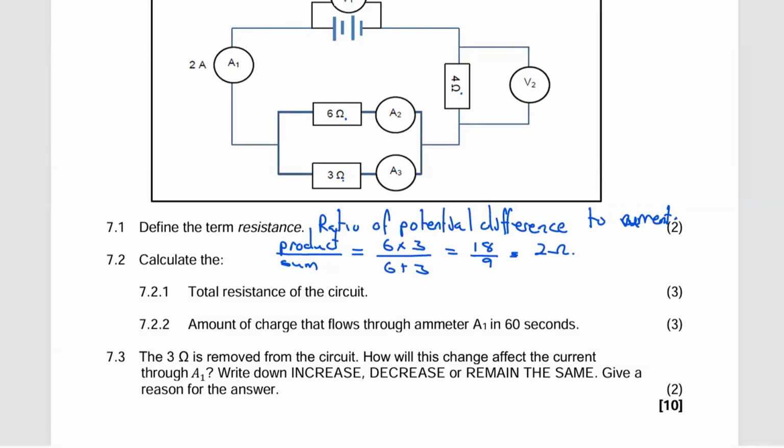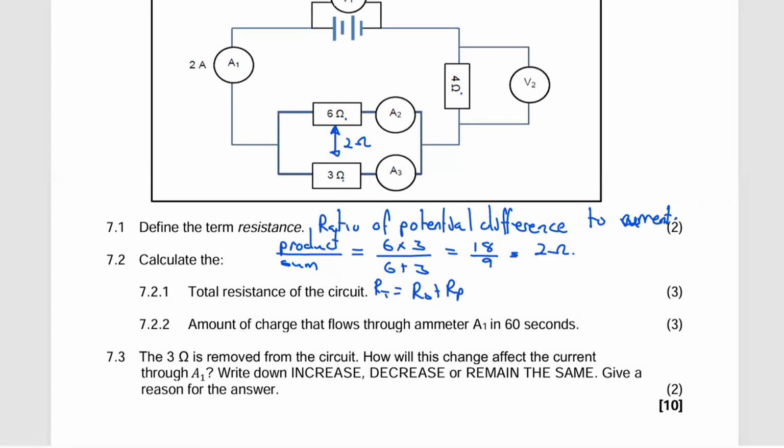Now I have combined these two and they give me 2 ohms. So now I'm going to say RT, which is total resistance, is equivalent to resistors in series plus resistors in parallel.